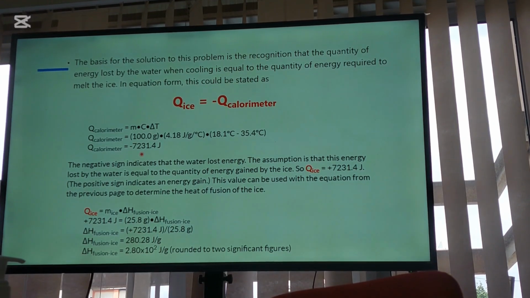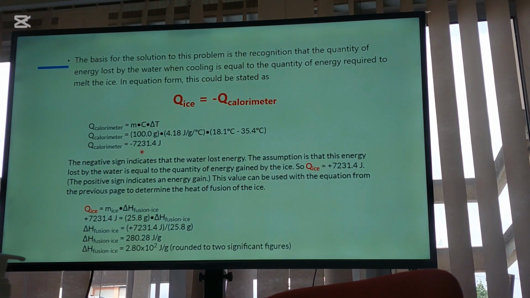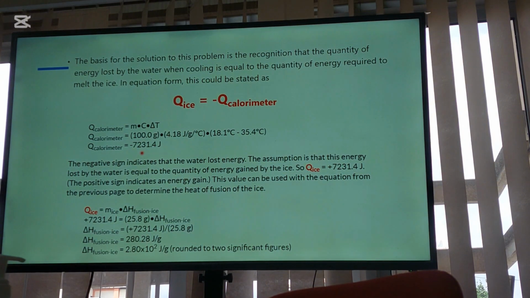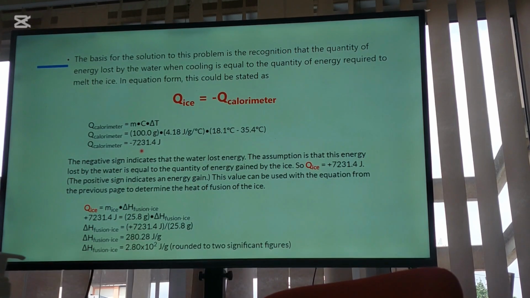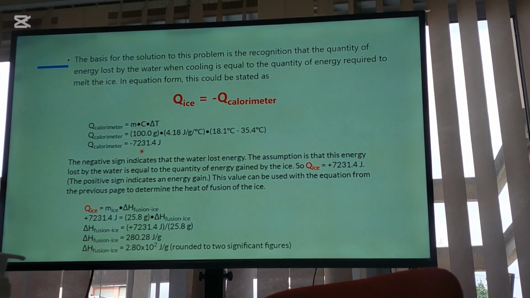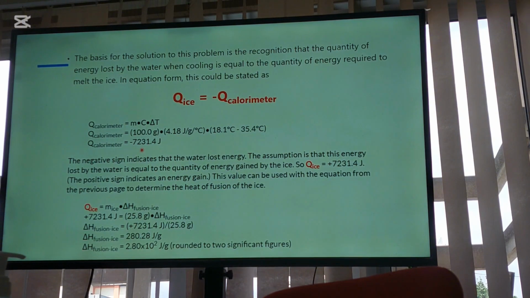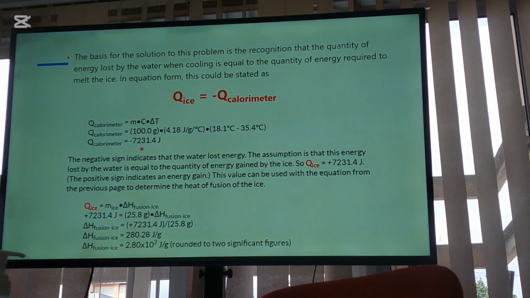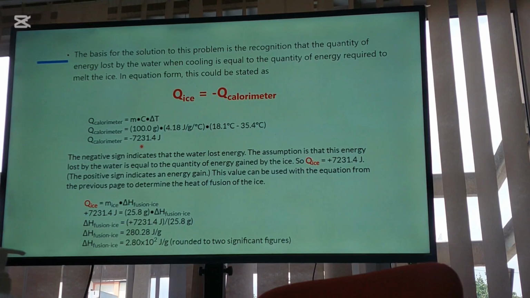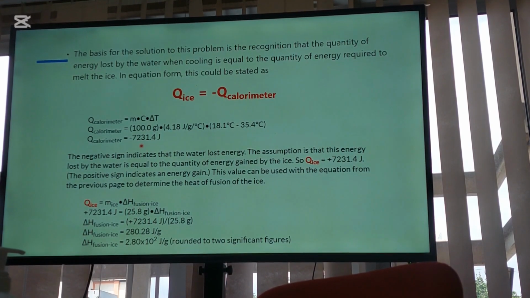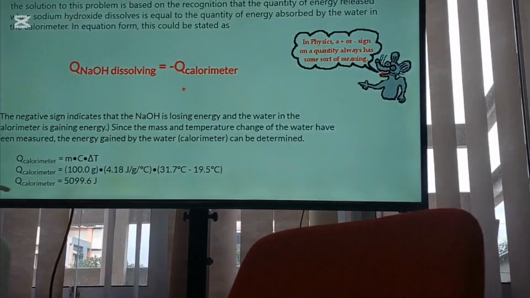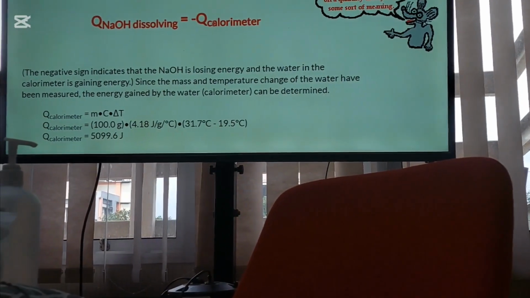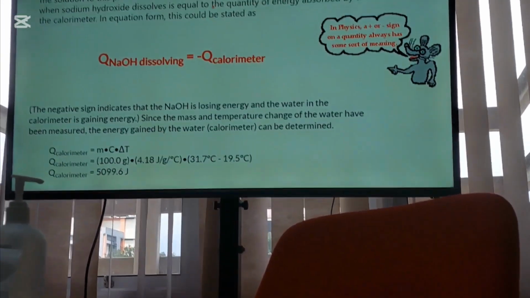Delta H is the heat of fusion of the ice. The hydroxide dissolving is equal to the heat of the calorimeter minus.